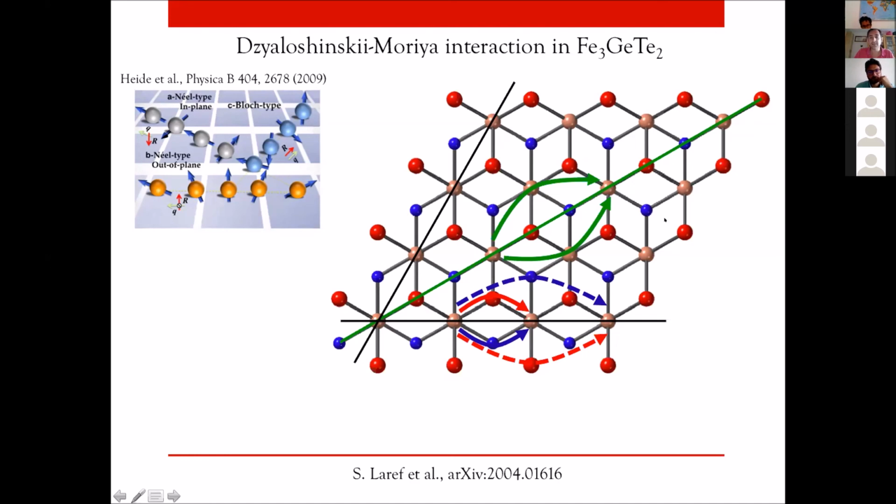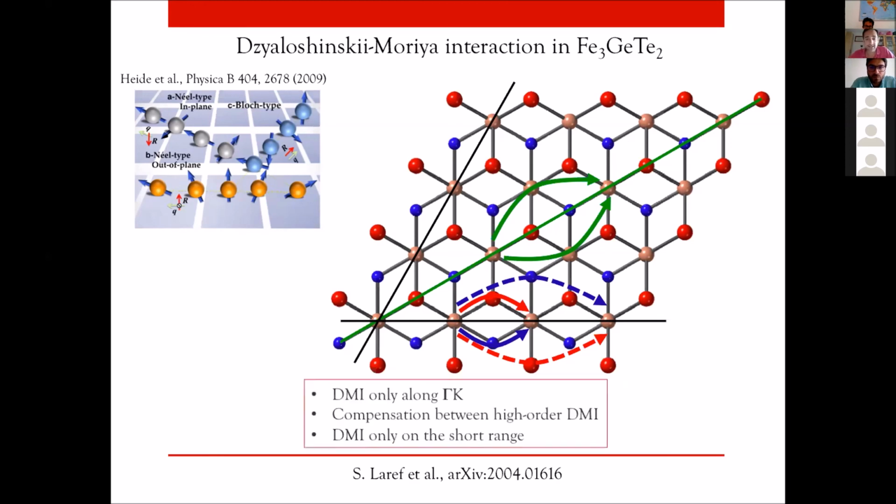You can actually generalize this idea to the third neighbor, fourth neighbor, and so on. So basically, on the long range, the Dzyaloshinskii-Moriya vanishes, and this is what we concluded from the continuous model that I showed a couple of slides ago. So just to sum up, we have Dzyaloshinskii-Moriya along the gamma K direction.